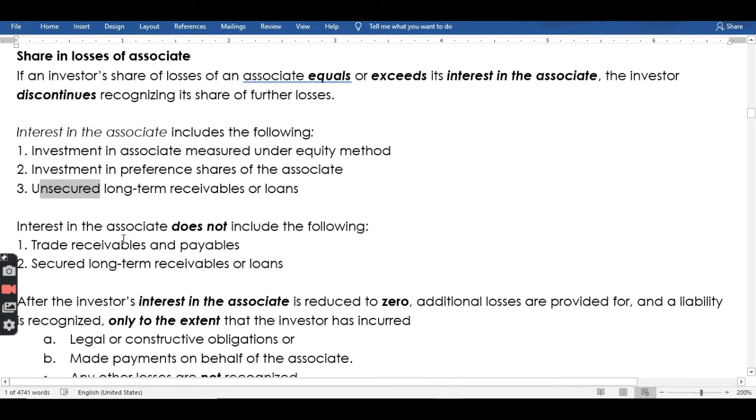Okay? So kung unsecured yan, ibig sabihin pwedeng ikaw yung mag-bear ng loss later on kapag hindi mo natanggap, di ba? So ibig sabihin kasama yan sa interest mo. So, yung mga unsecured long-term receivables or loans natin, kasama yan sa interest. So ang gagawin mo, pagsamahin mo lahat yung tatlong yan, tapos kapag nagkakaroon ka ng losses, ibabawas mo dito.